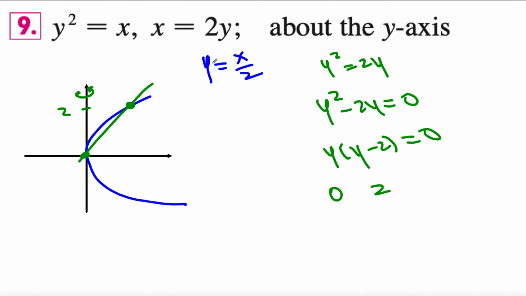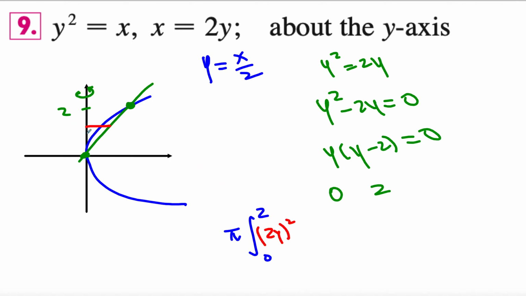Same deal, pi, 0 through 2. What is my outer radius? From the axis, whatever is farther out, which is what? The green one. Since the green one is farther out, we have 2y squared, because the bigger radius is squared.